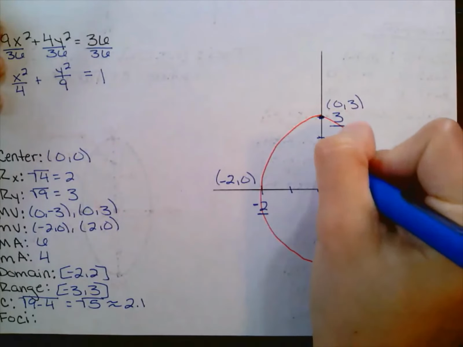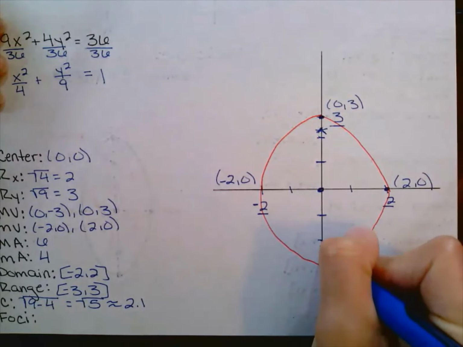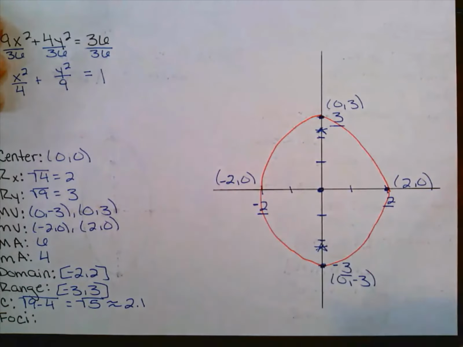So I'm going to go 1, 2, and a little bit up, and 1, 2, and a little bit down. Those are my foci, which means if my center was 0, 0, my y value is what's going to be added and subtracted, that value of C. And you can leave it just like that, guys. I will give you full credit for that. The day you take an AP test, they will give you full credit for that.